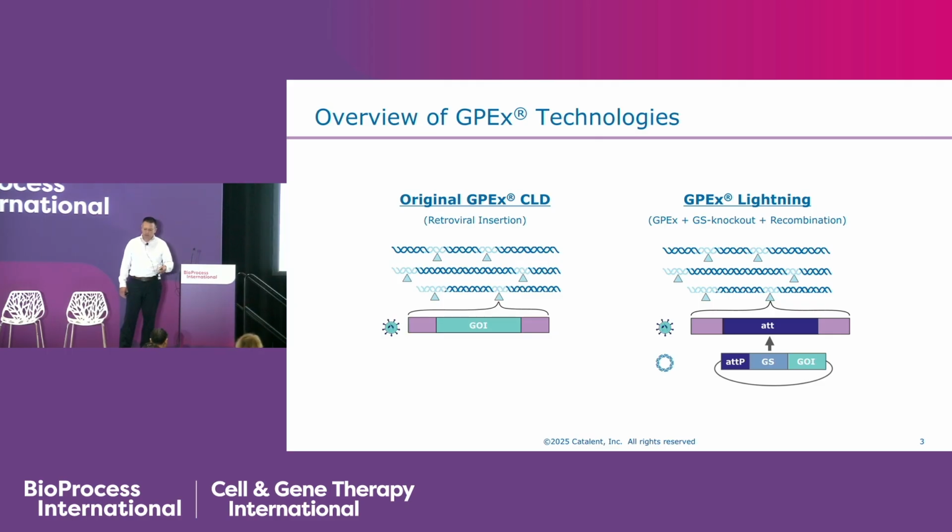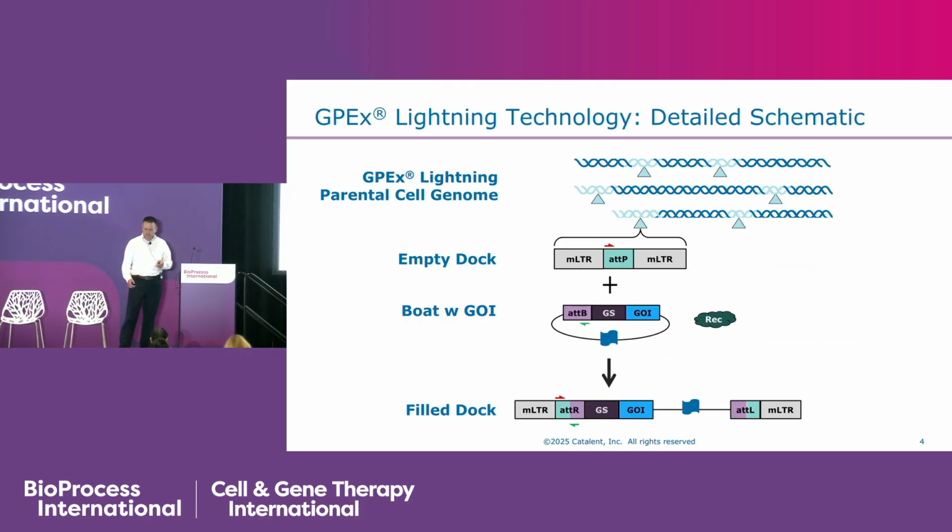And we also utilized the GS knockout technology from Sigma. So we end up with our parental cell line that has over 100 insertion sites scattered throughout the genome. And then we can use that parental cell to go in and insert our gene of interest through a simple transfection. I'll go through a little bit more detail of that.